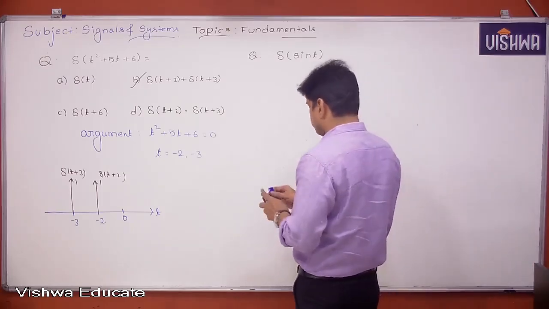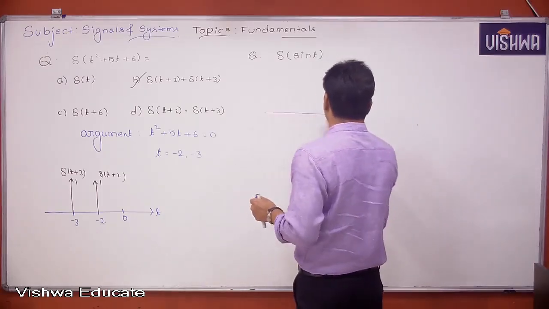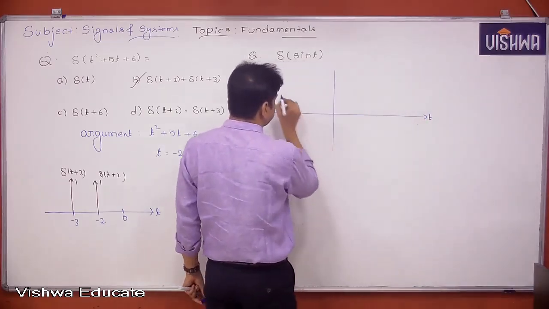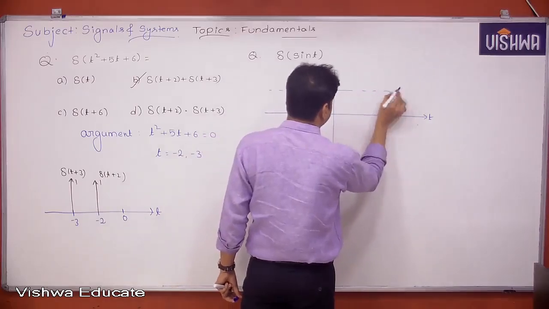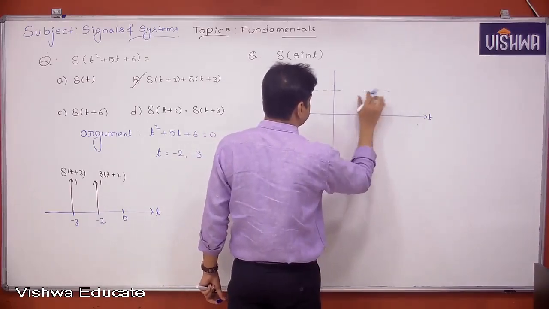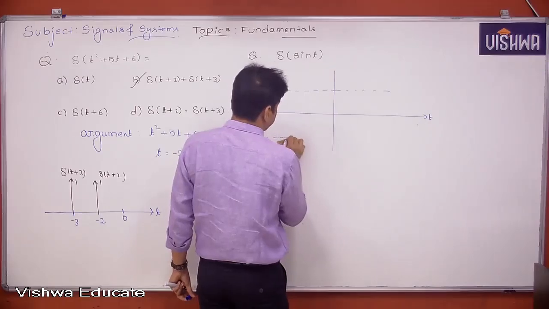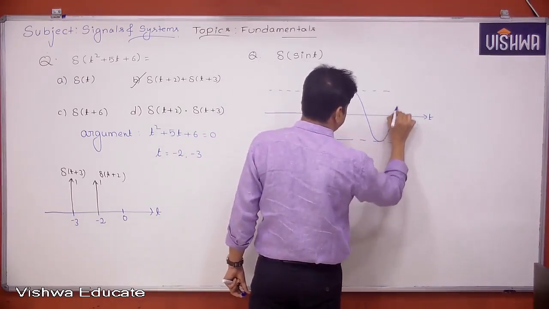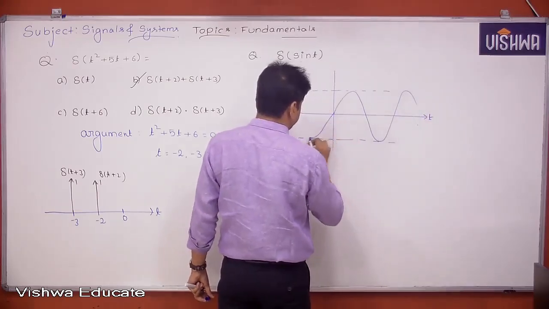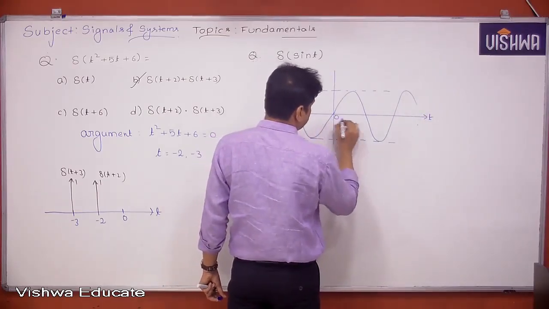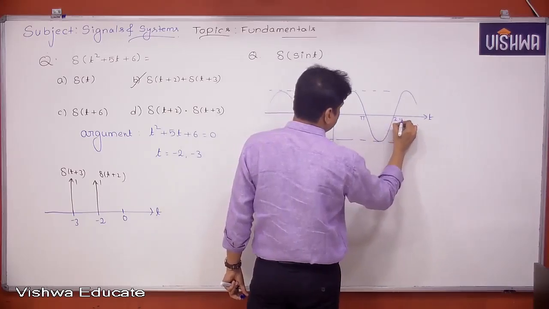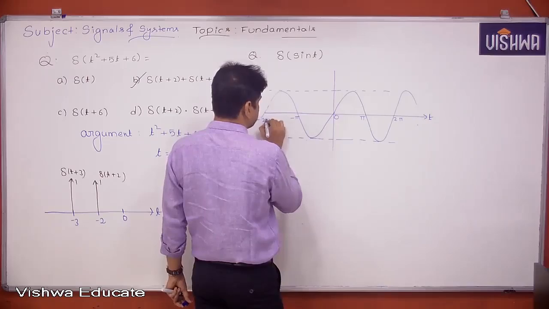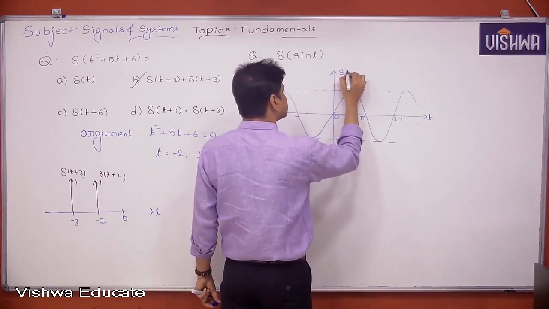The zeros are at 0, pi, 2 pi and so on, minus pi, minus 2 pi. So this is the sine t curve.